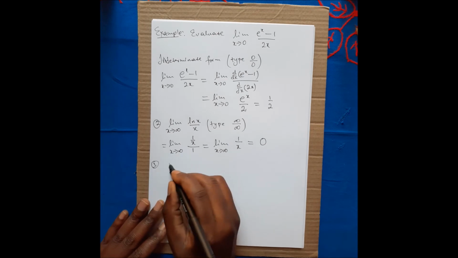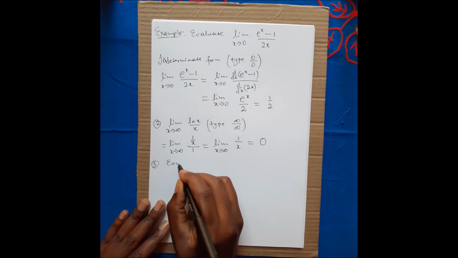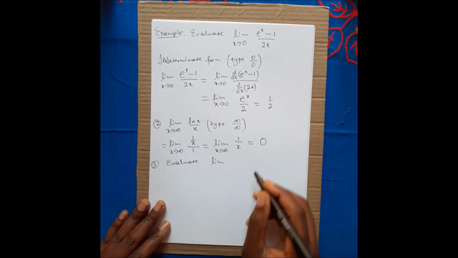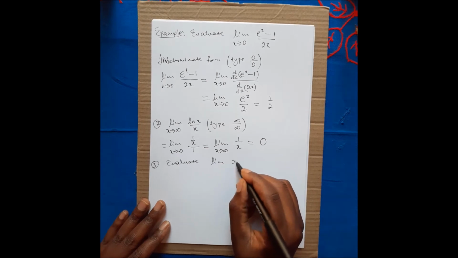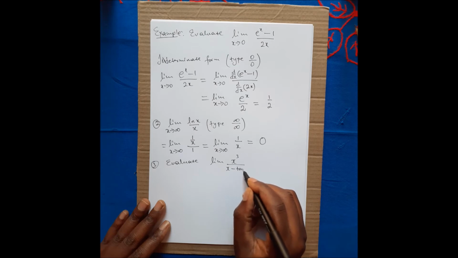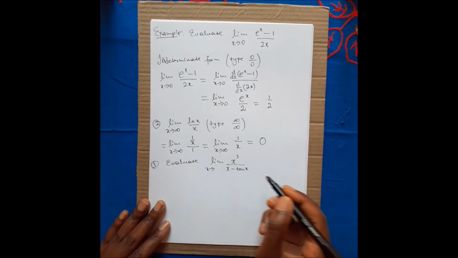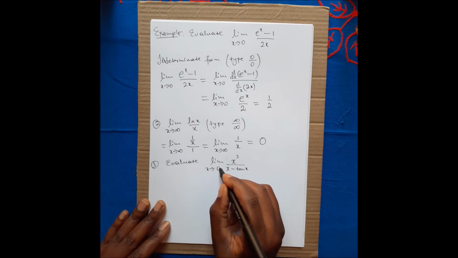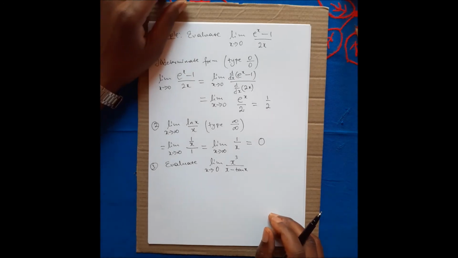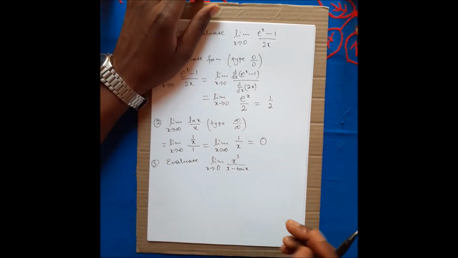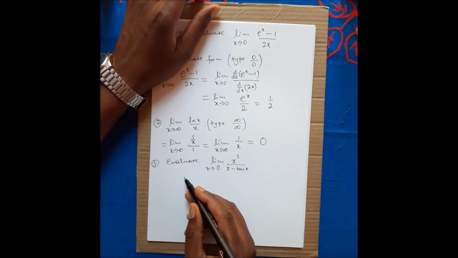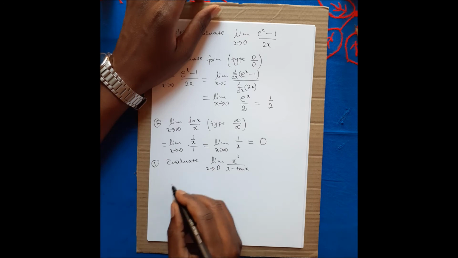Number 3, let us evaluate the limit of x cubed over x minus the tangent of x when x is approaching 0.